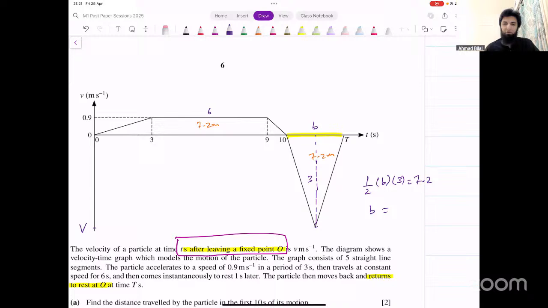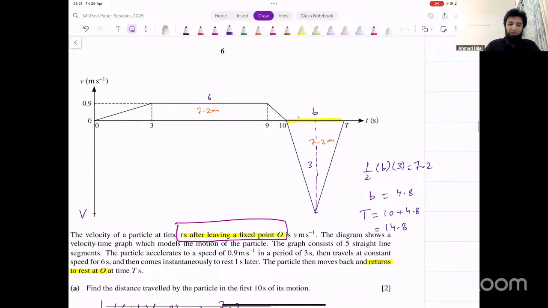What does that turn out to be? 14.4 divided by 3. What's that? 4.8, I think, right? Base turns out to be 4.8. What does that tell you about the value for t? This length is 4.8, so the value of t therefore is going to be 10 plus 4.8, that is 14.8. That's the value of t that we were looking for.